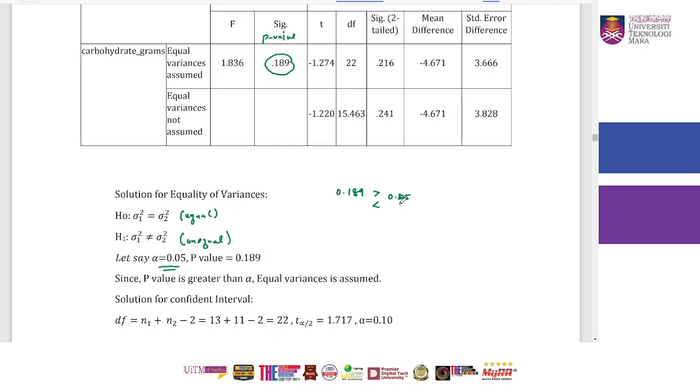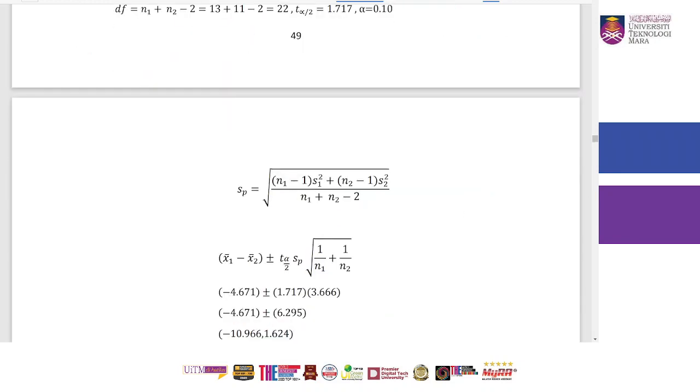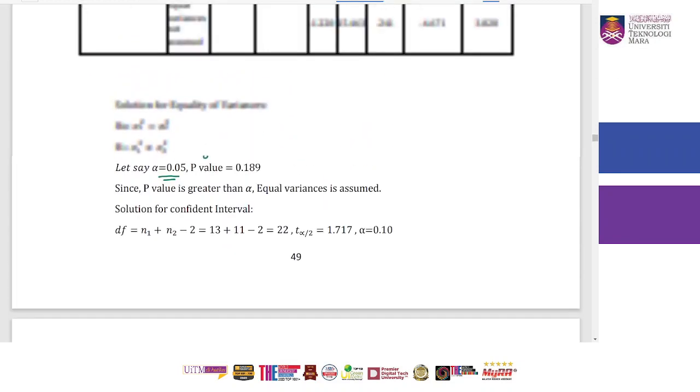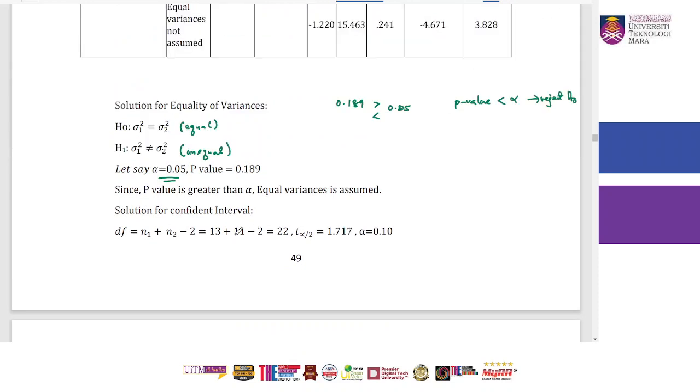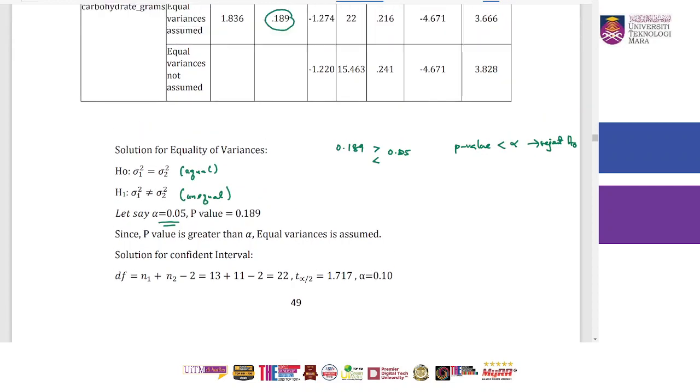Okay. If the p-value is less than alpha, here you reject H naught. But in this situation right now, the p-value is greater than alpha.